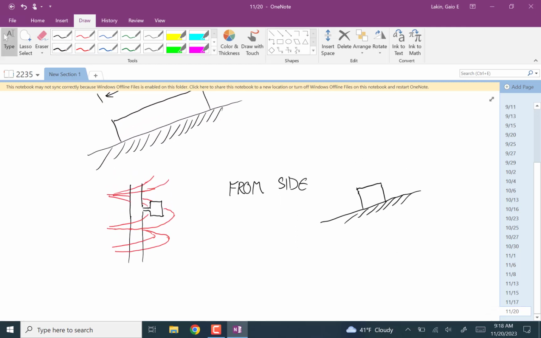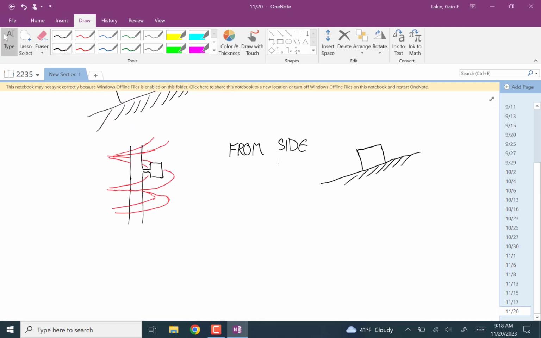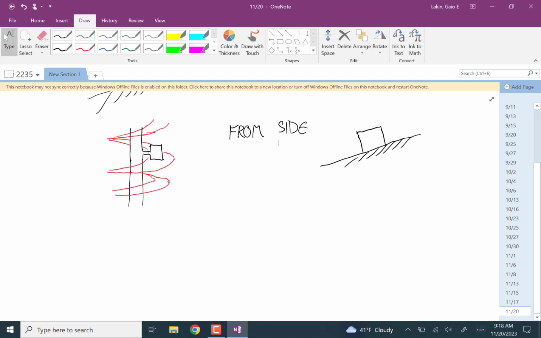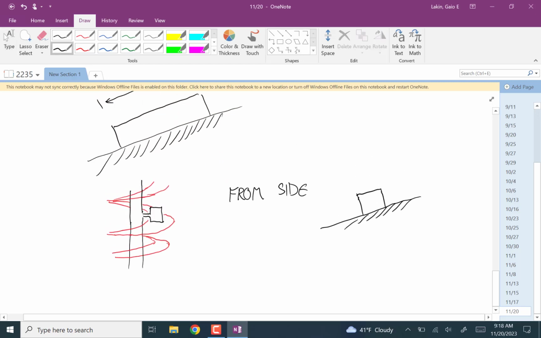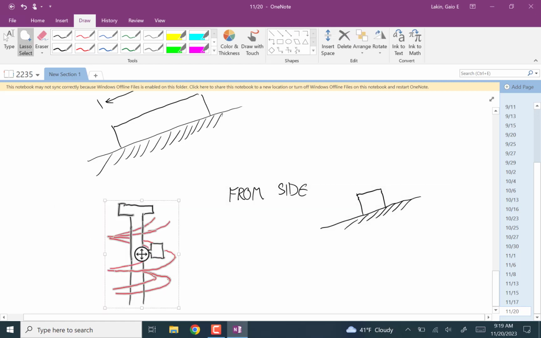Well, there are a couple of things. So from the side, if this screw has a weight pushing down, like the car on the jack, you have a weight pushing down like this.